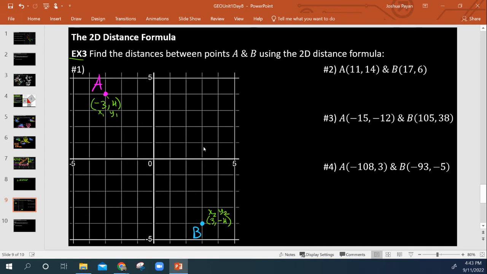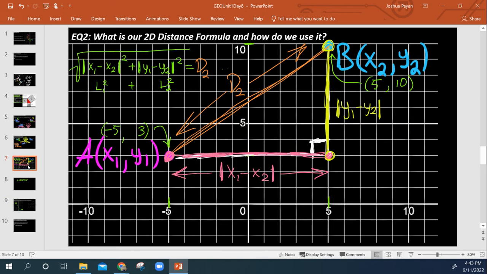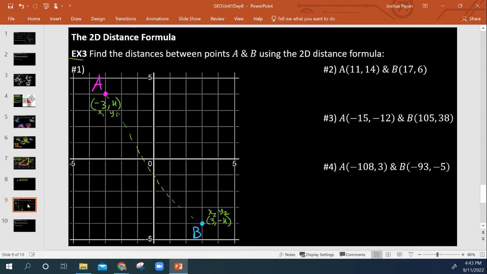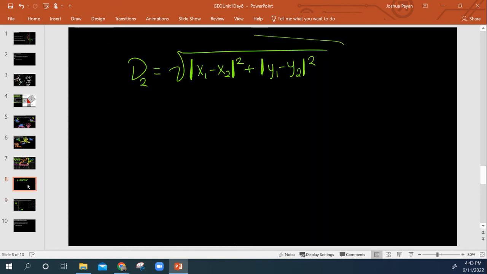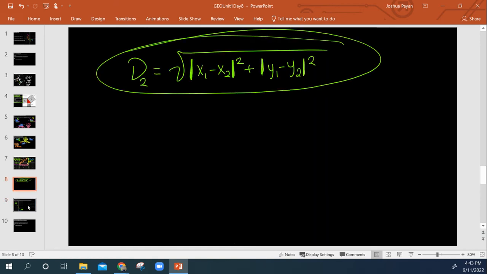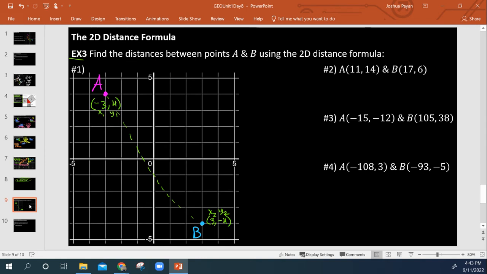Okay, so to find the distance between this, well, we've got a super cute formula that we can use. We don't need to sit here and try to draw a crazy picture like we did last time. We can easily just use this formula right here. So let's go ahead and do that.